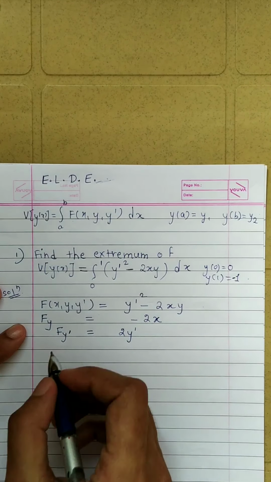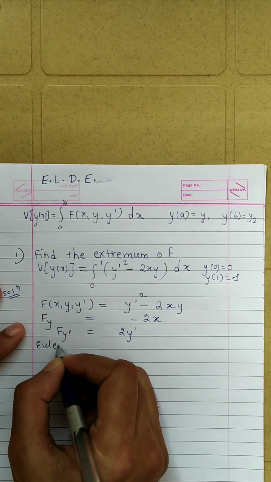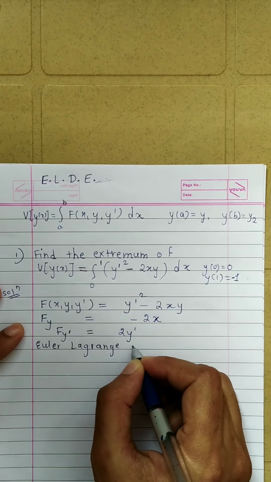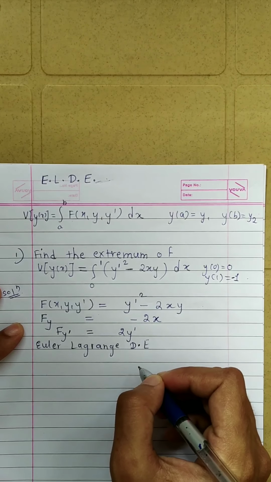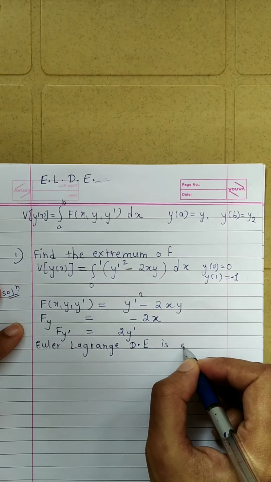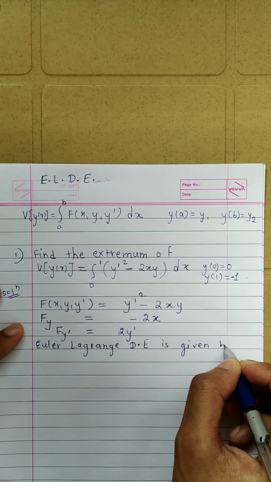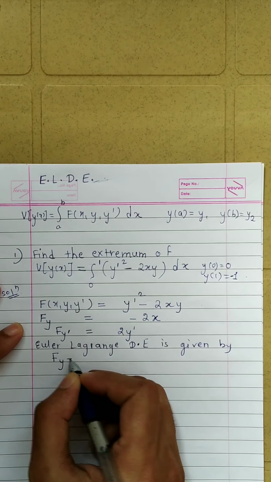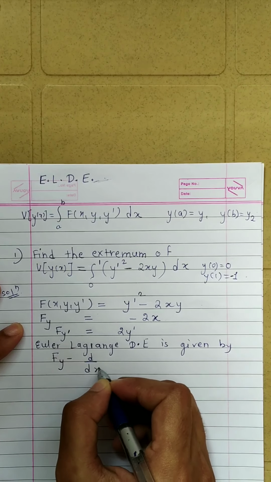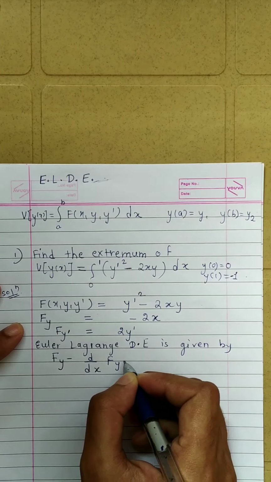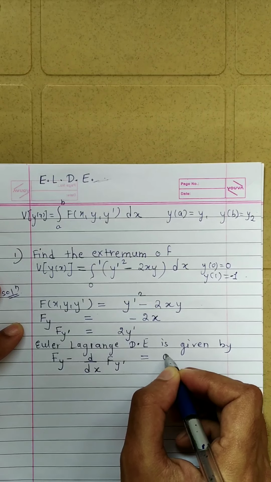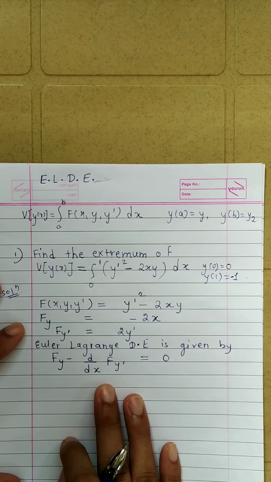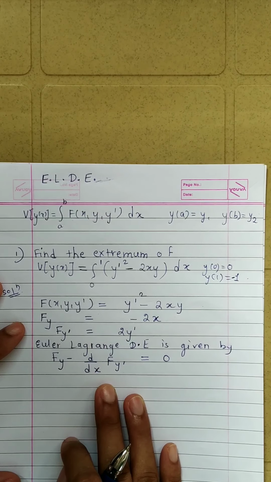Then the Euler-Lagrange differential equation is given by f y minus d by dx of f y dash equal to 0. So this is the Euler-Lagrange differential equation.